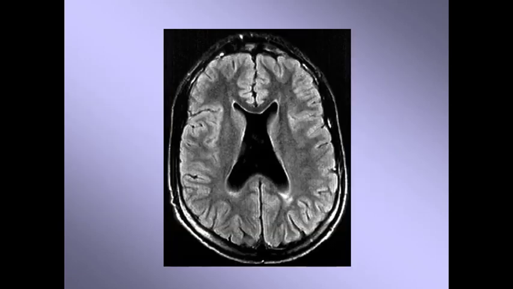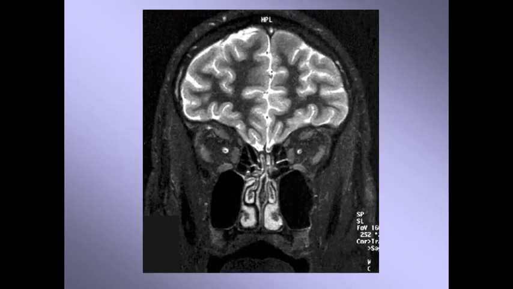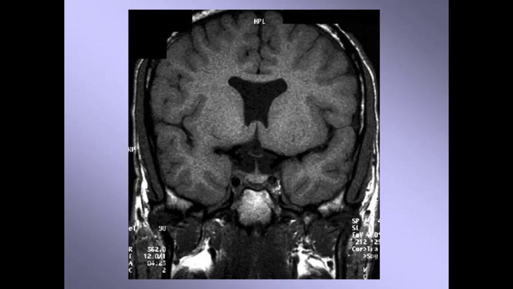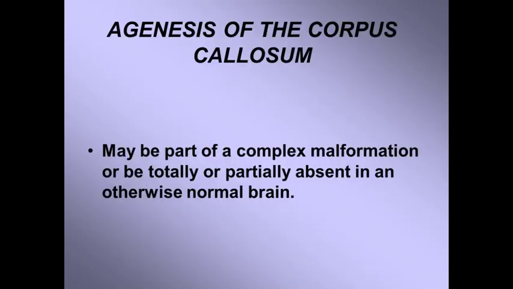Here you can see an absent septum pellucidum. While in coronal, you can see the optic nerve is severely hypoplastic. And if you do more coronal cuts, you can see how thin the optic chiasm is. Agenesis of the corpus callosum may be part of a complex malformation, totally or partially absent in an otherwise normal brain.